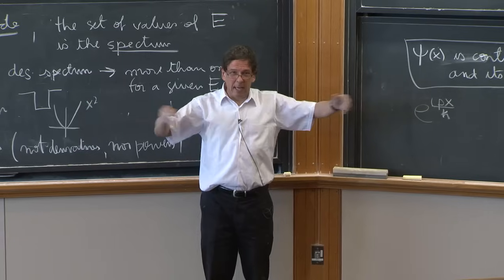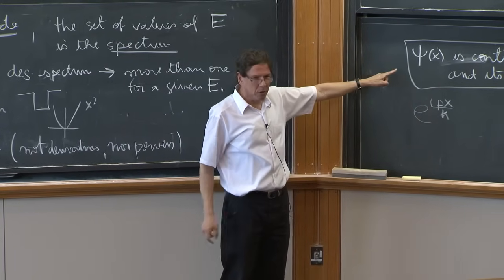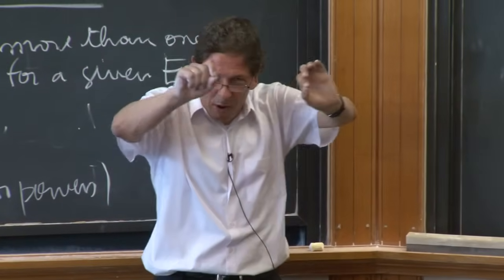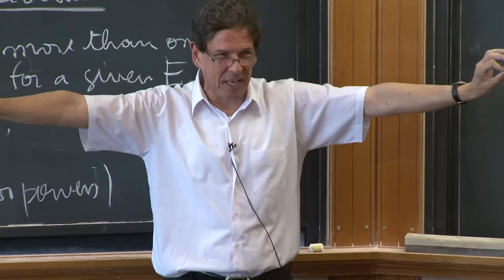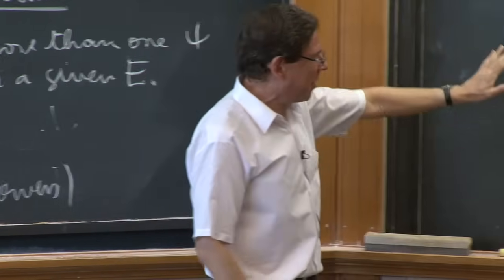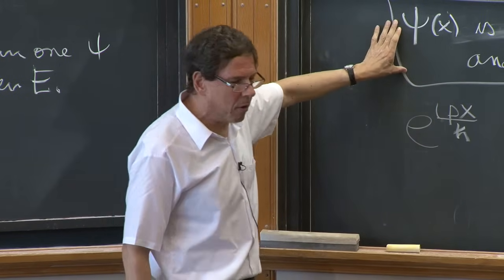So bound states and non-bound states are things that are not normalizable. So I don't put normalization. Now, if you put normalization, then the wave function will go to 0 at infinity. And that's all you would want to impose, nothing else. So really, in some sense, this is it. You don't want more than that.